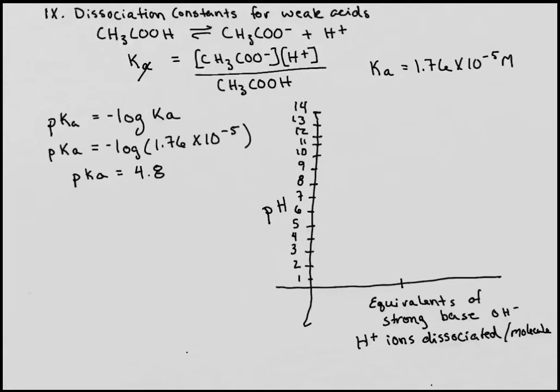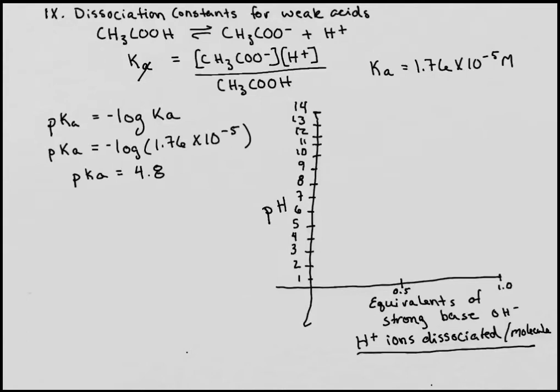As more base is added, so the more sodium hydroxide that is added, and we look at this in equivalents, we would see this as 0.5 and this as 1. And in a minute I'll explain how this also can be hydrogen ions dissociated from the weak acid.